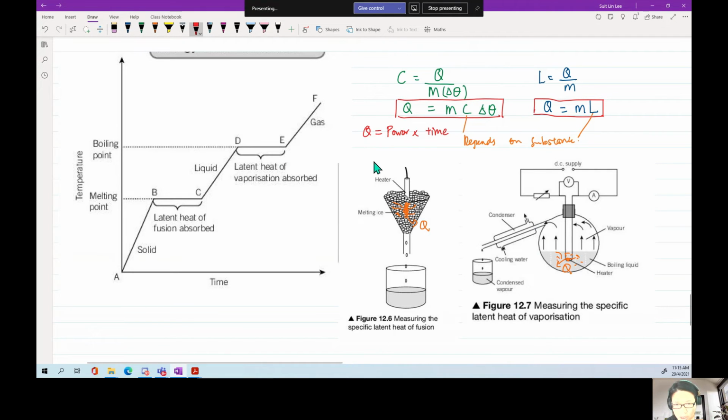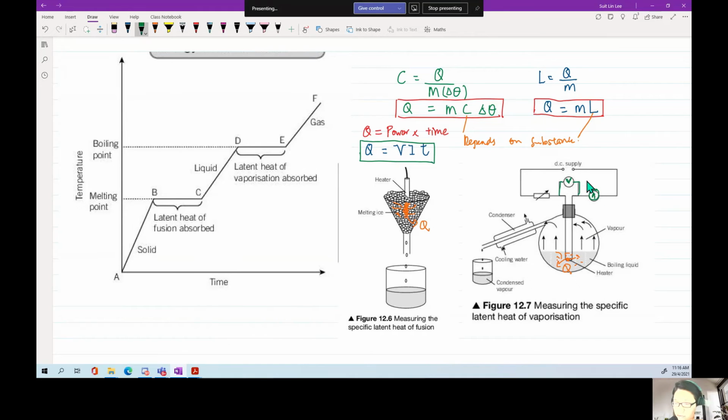Okay, but Q is equal to PT. Power of a circuit is equal to VI. You need to know this because sometimes they will give you the ammeter and the voltmeter reading. So this is the voltmeter reading, connected in parallel to the heater, and this is your ammeter reading, connected in series.